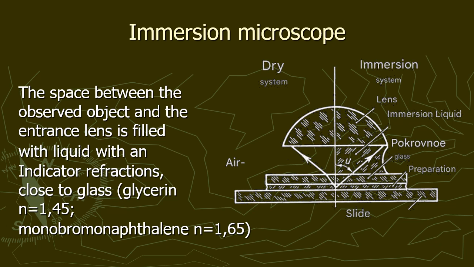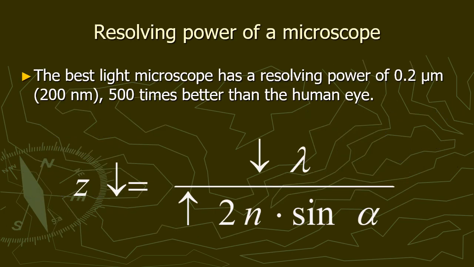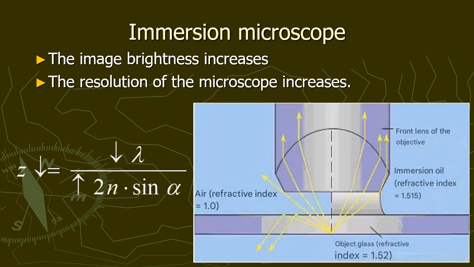And in this case we will have more resolution, because again, if you look at the formula, our indicator n does not decrease. For air we have 1, but here it will be more than 1. Due to this, the resolution limit will decrease. And besides, here it is shown that when we use immersion, our light beam will not experience a total internal reflection.